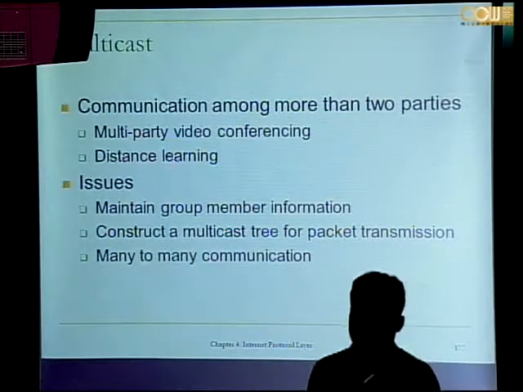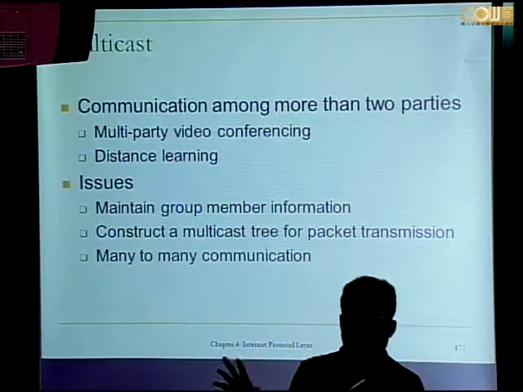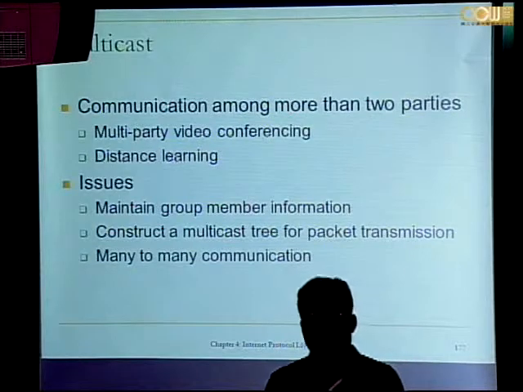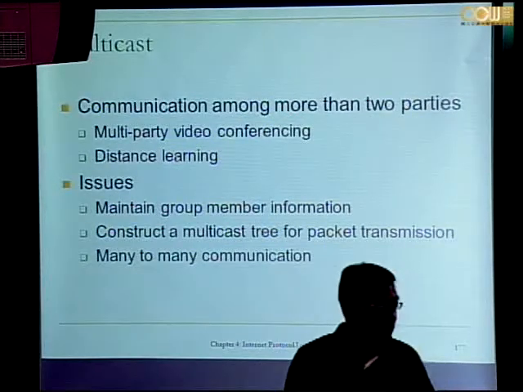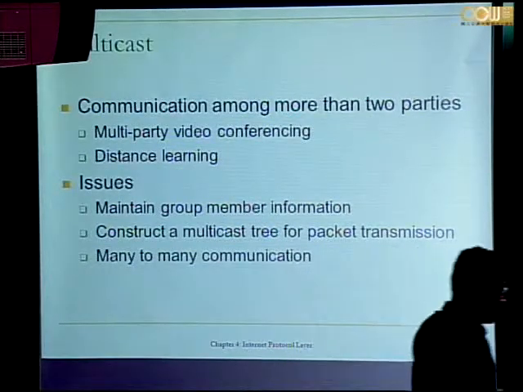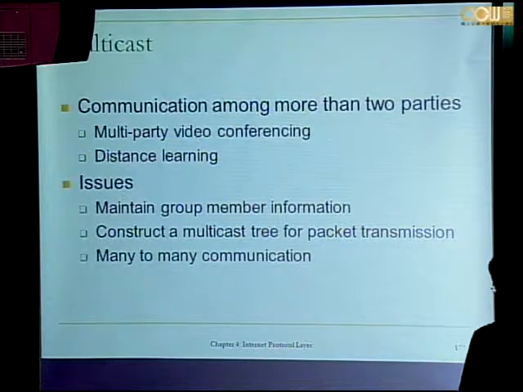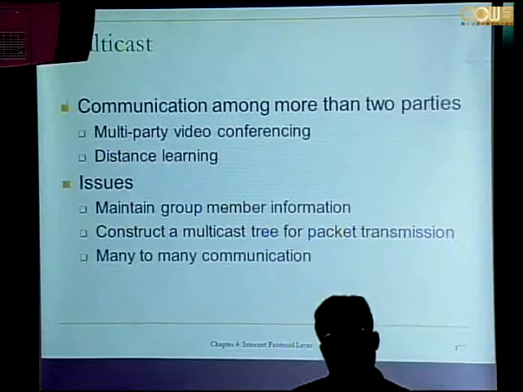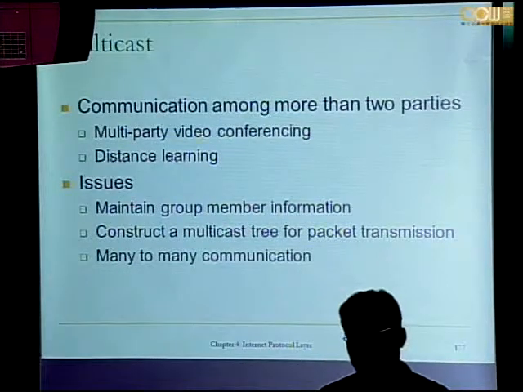The Class D address space is reserved for IP multicast. So when we send a packet with a destination IP address being a Class D address, it means that this packet is a multicast packet destined to a Class D address.